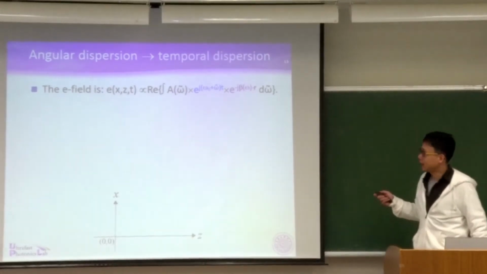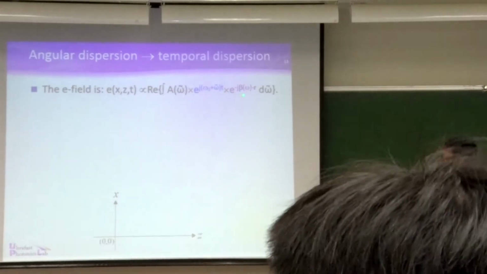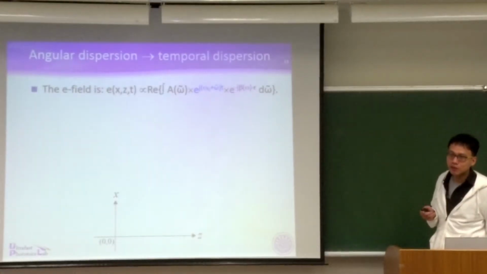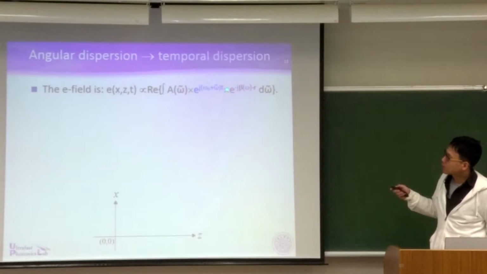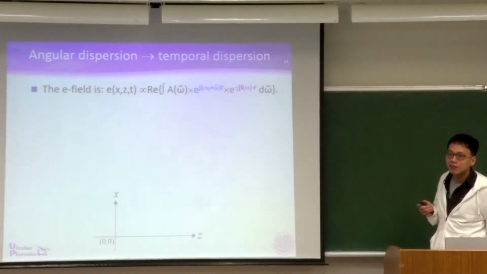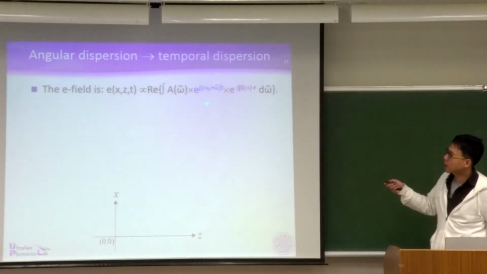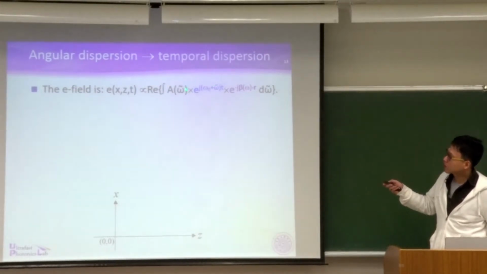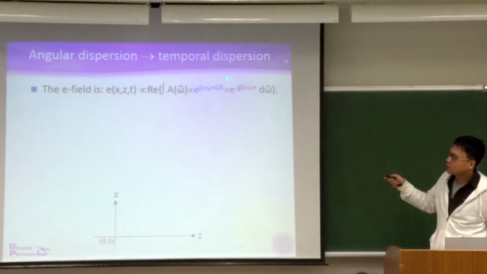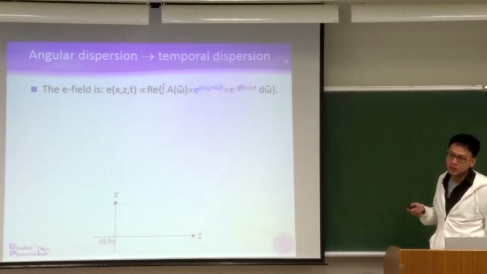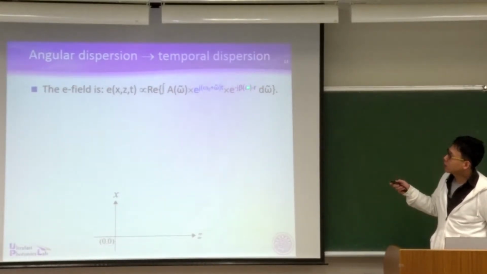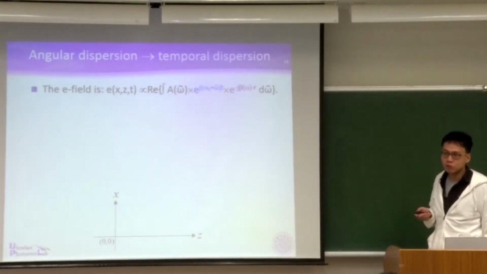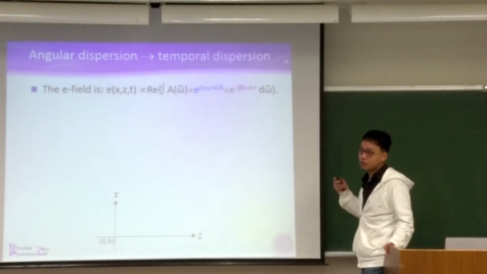Here I already highlight the blue color and the purple color. This one means a sinusoidal wave at frequency omega. Omega equals omega 0 plus frequency detuning omega tilde. So this is a sinusoidal wave. How about this? This is a plane wave, propagating along the direction defined by the beta of omega vector.